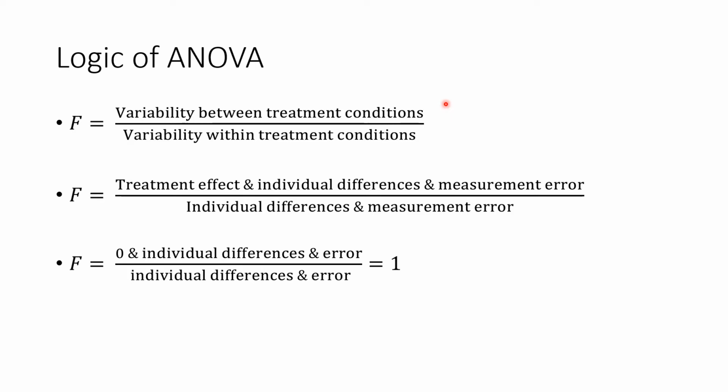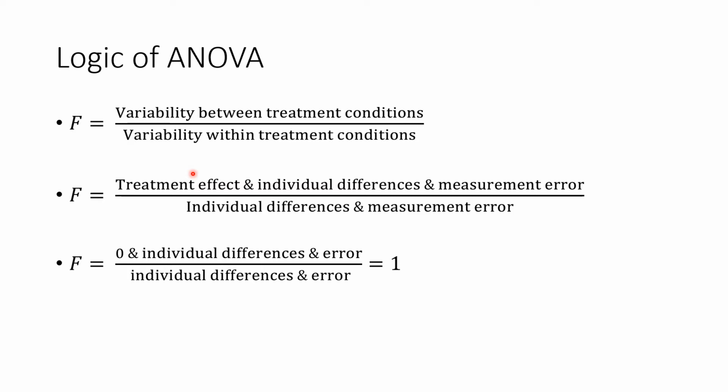Now, conceptually, you have to realize that there are three different things that are contributing to the size of the variability between treatments up here. There is the treatment effect, the fact that the different groups are getting different amounts of or different kinds of treatment. So if you have three groups, group 1's getting treatment A, group 2 is getting treatment B, and group 3 is getting treatment C, and so on.